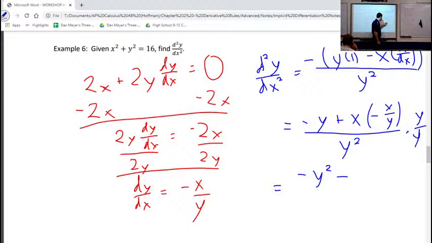The y is canceled, over y squared times y is y cubed. I'm going to factor a negative out of the top so that I don't have two subtraction signs. So this is just x squared plus y squared.